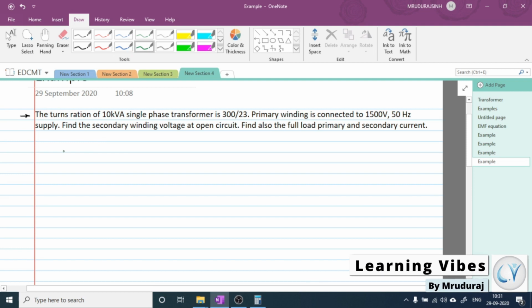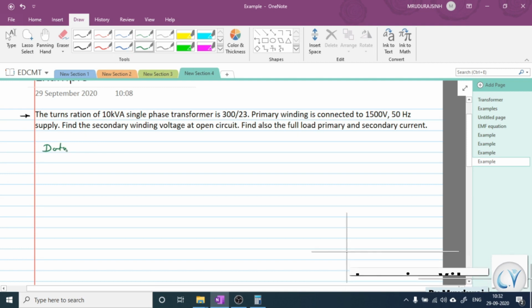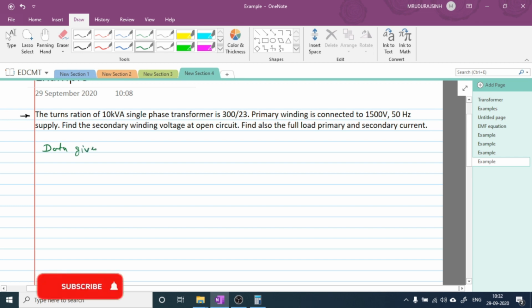First of all, we'll take our green pen and write data given. So whatever data given we'll mention over here, and we'll start with this example. The turns ratio of 10 kVA single phase transformer, that means P is equal to 10 kVA, and turns ratio means it is the ratio of primary turns divided by secondary turns.